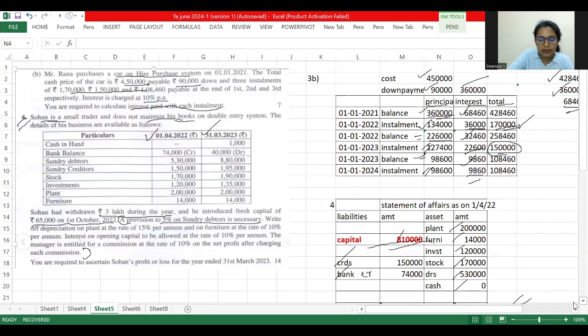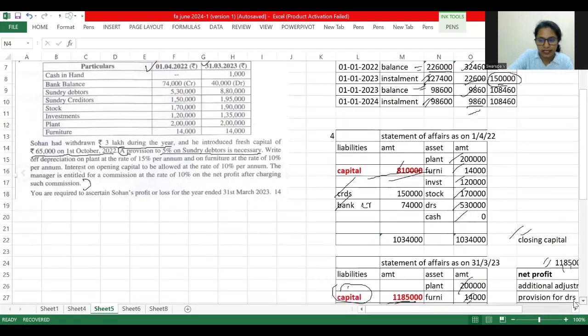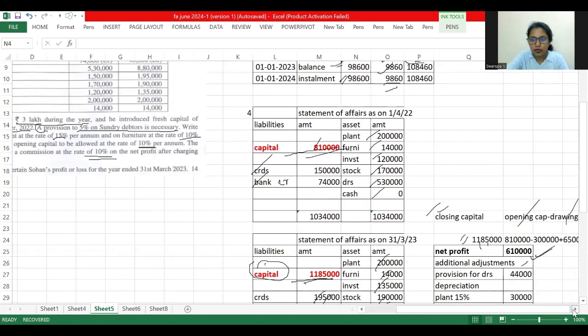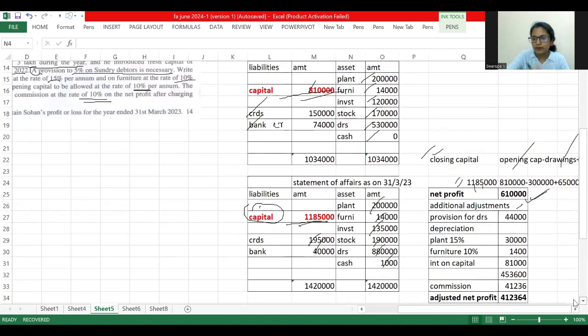So on 8,80,000, 5% needs to be calculated. Then depreciate plant at 15%, furniture at 10%. Interest on opening capital at 10%. Then manager is entitled to a commission at 10% of net profit after charging such commission. So these are the 4 adjustments which have been asked to do.